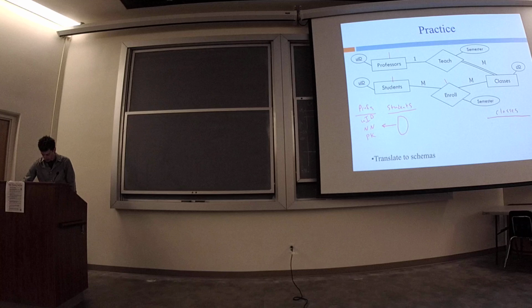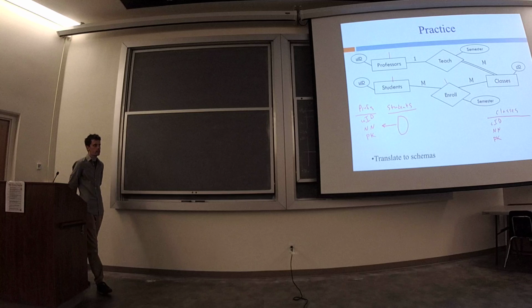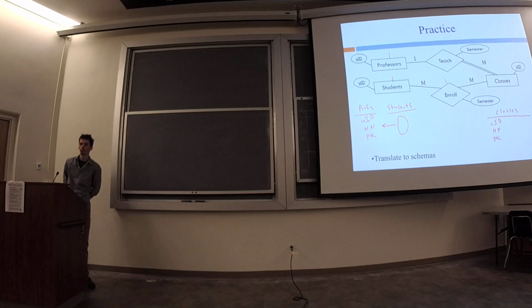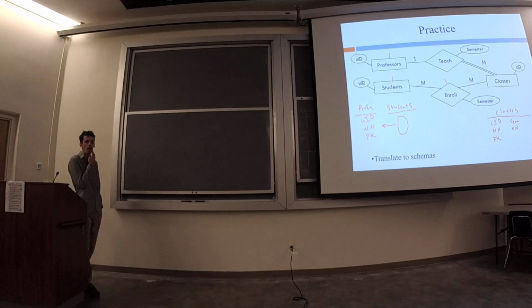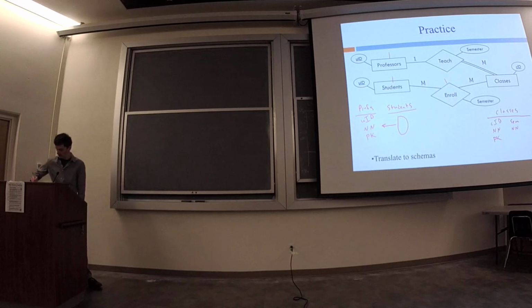Okay, let's do classes. It's going to have at least a CID. It's going to be non-null. It's going to be primary key. What else does classes have? A semester, we will call that non-null. What else does it have? Plus UID. It has a UID.